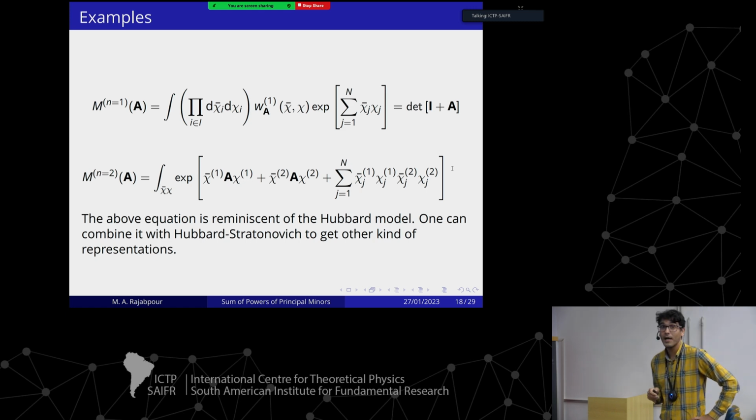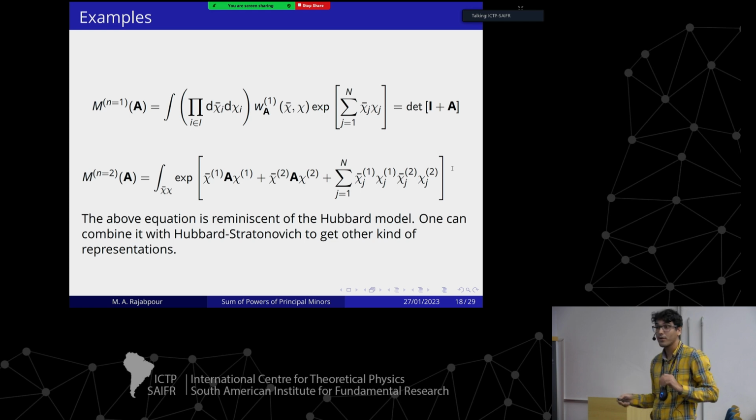Some people might see some similarities now with the Hubbard model when you write it in a fermionic coherent basis, okay? And this is actually a way that we show that the partition function of the Hubbard model is actually the SPPM problem with n equal to 2. So one can use this to do many things.